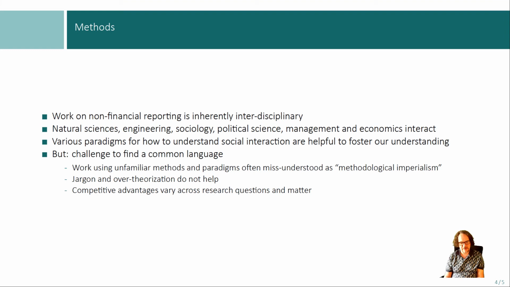But here in this field, obviously, other paradigms are at play as well. When you think about sociological arguments, these often don't start at the individual, but start at groups and societies, and they talk less about individual utility, but more about group power, group pressure. And this is a different way of understanding how social interaction works, and this is fascinating and also extremely helpful, because obviously all these paradigms have no a priori right to be right.